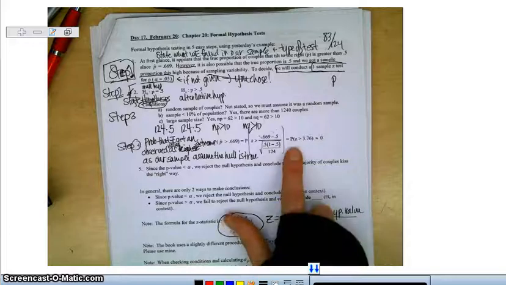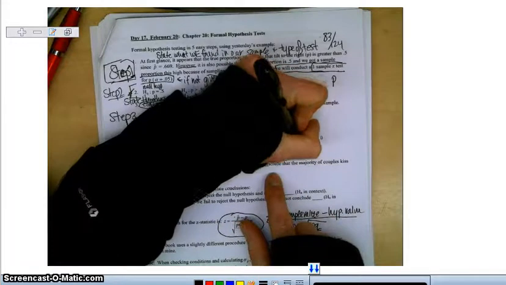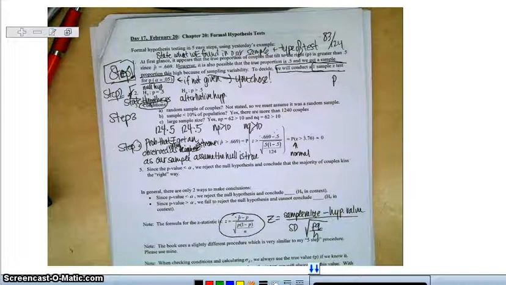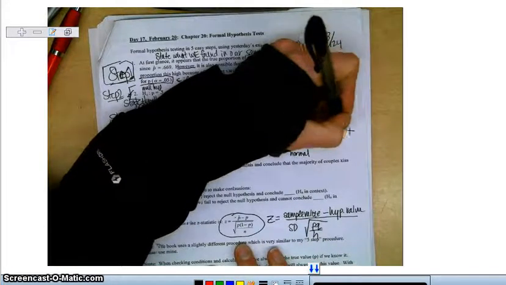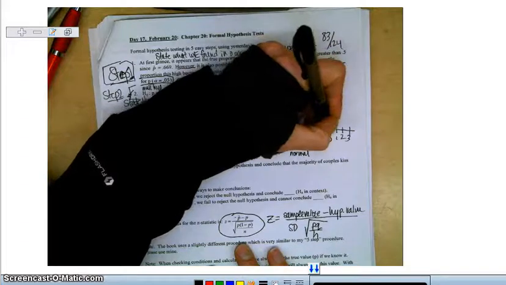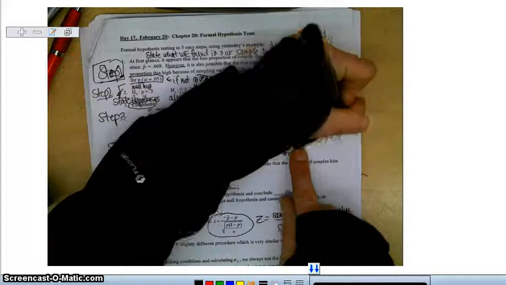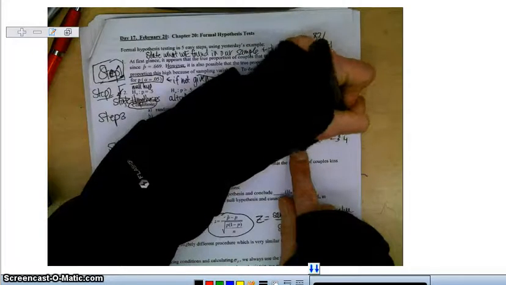So now that we've changed it to z, another word for z is normal. We have changed it to a normal model with a mean of 0 and a standard deviation of 1. I'm going to draw my normal model here. I'm going to put this z-score on my normal model, which is at 3.76.